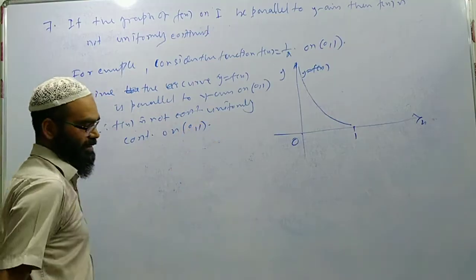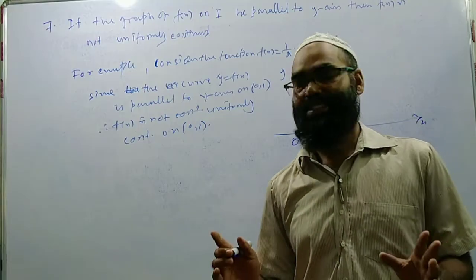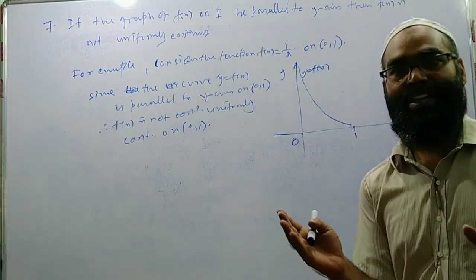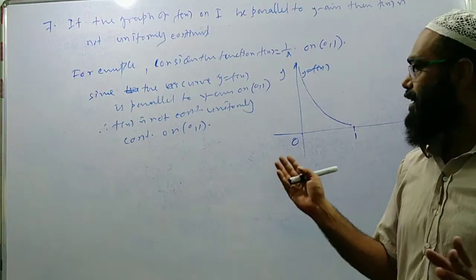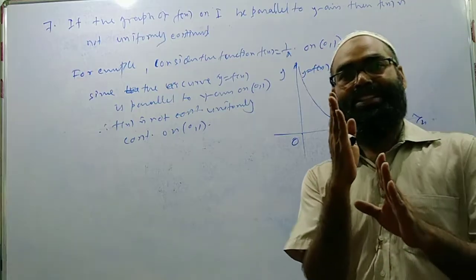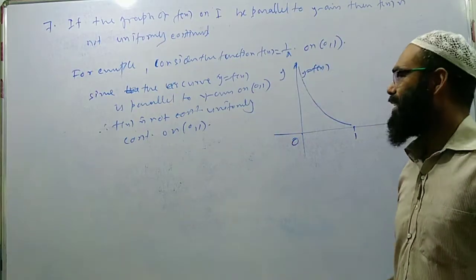This is the graphical test, very important for various competition exams. If the graph of the function is known and the graph is parallel to the axis of y, then it cannot be uniformly continuous.